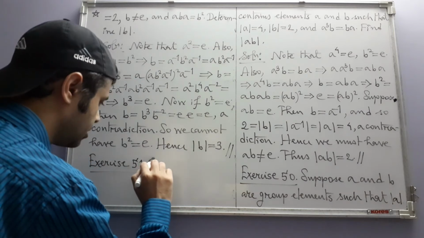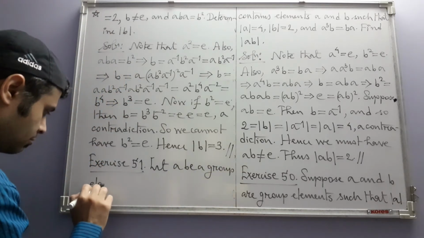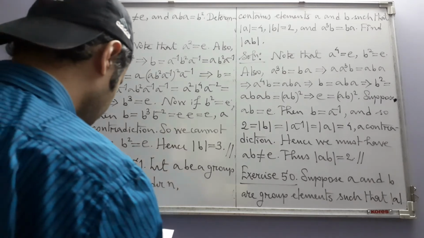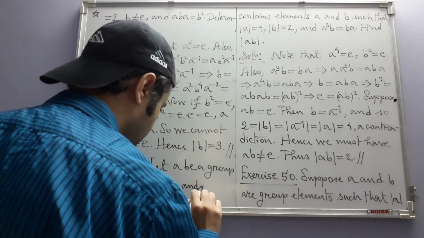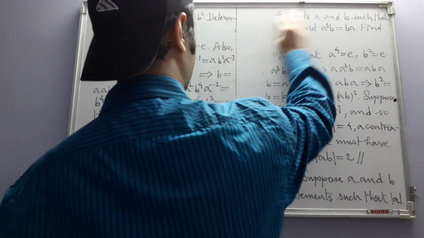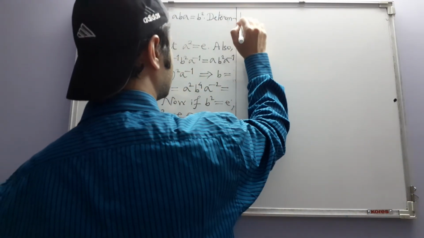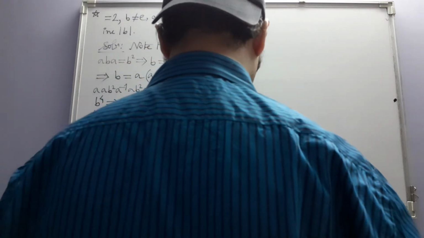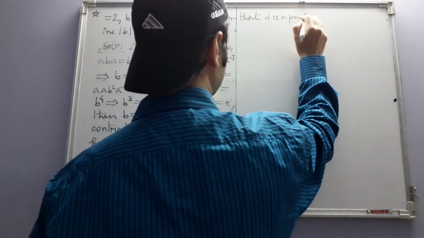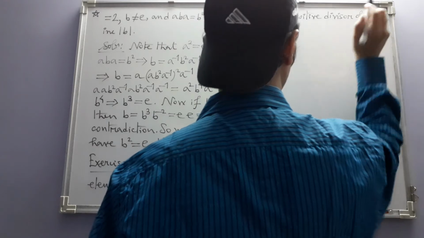Let a be a group element of order n, where n of course is some positive integer, and suppose that d is a positive divisor of n.